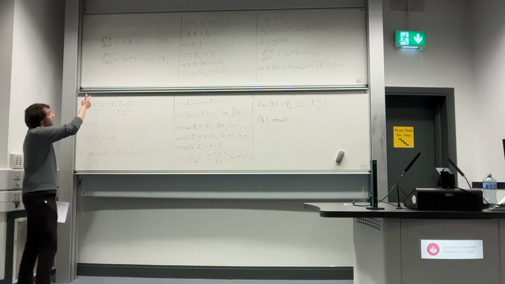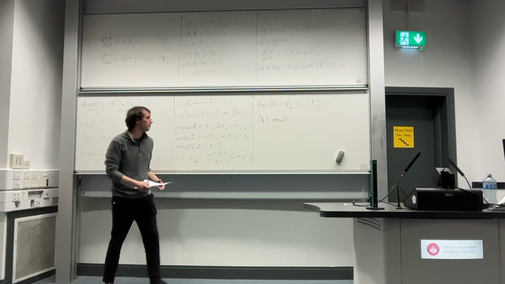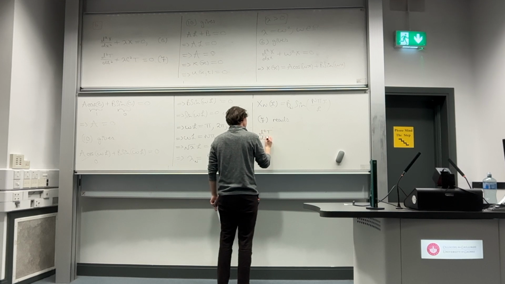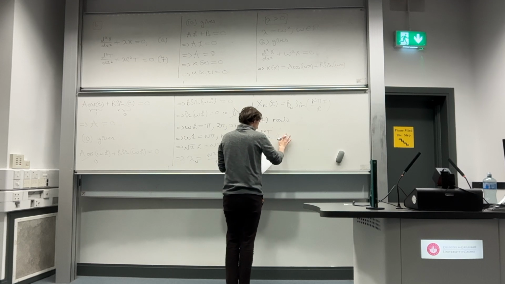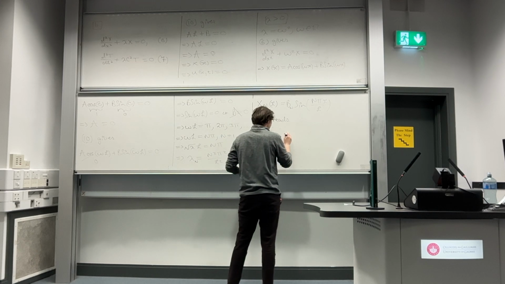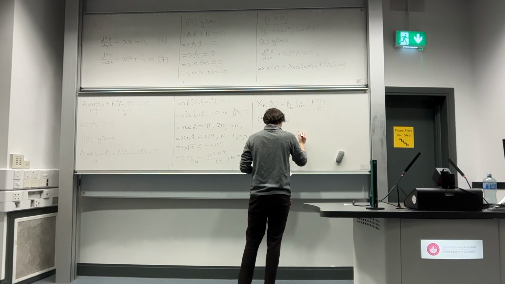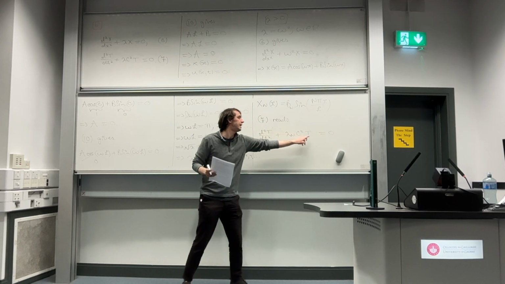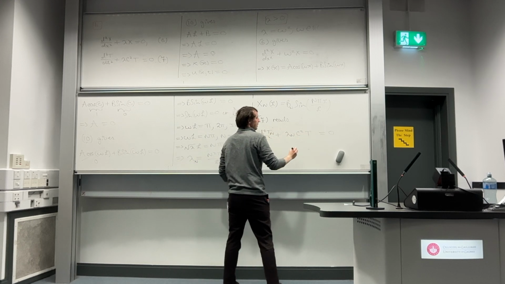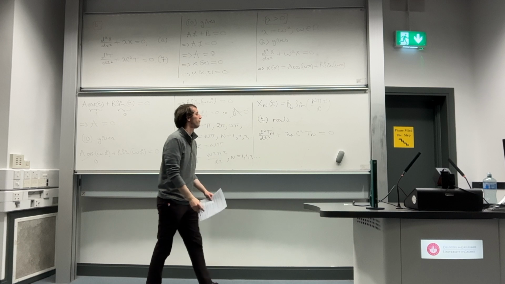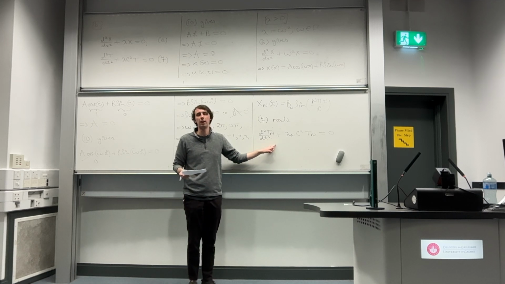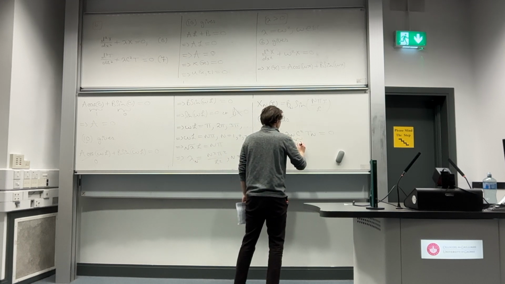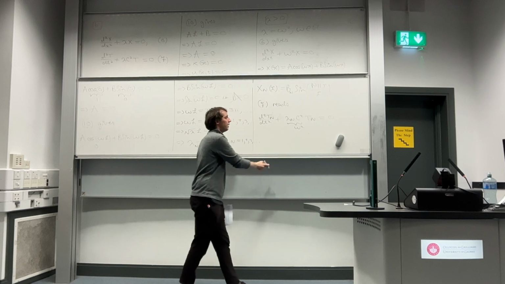So if we replace lambda in equation 7 with lambda n, equation 7 then becomes d squared T over dt squared plus lambda n c squared T is equal to 0. And to emphasize that these T's depend on n, I'm going to write the T's as Tn. Okay, well, this is just a regular simple harmonic motion equation with omega squared equal to lambda n c squared.